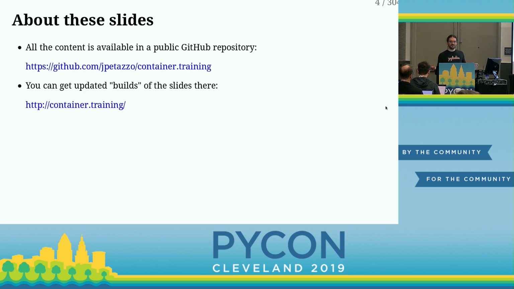So all the content is stored in a public GitHub repo. That repo has these slides, but also the code for the demo app that we will use this morning, as well as a bunch of scripts and other tools that can be useful to deliver content or follow this workshop.